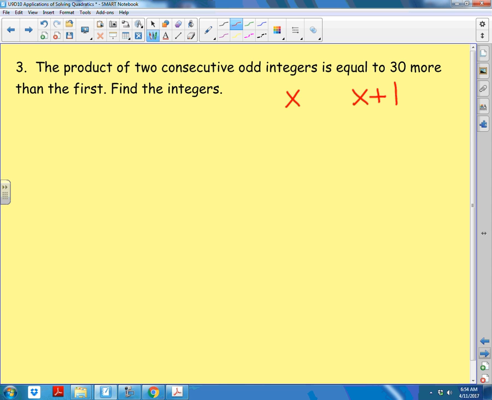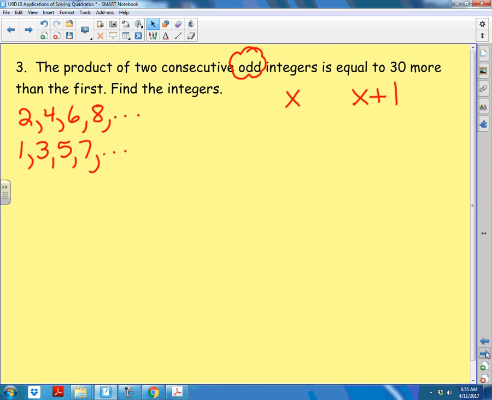But in this case, they say two consecutive odd numbers. No matter whether it's even numbers, 2, 4, 6, 8, etc., or odd numbers, 1, 3, 5, 7, etc., what separates each number from the next is the addition of 2.